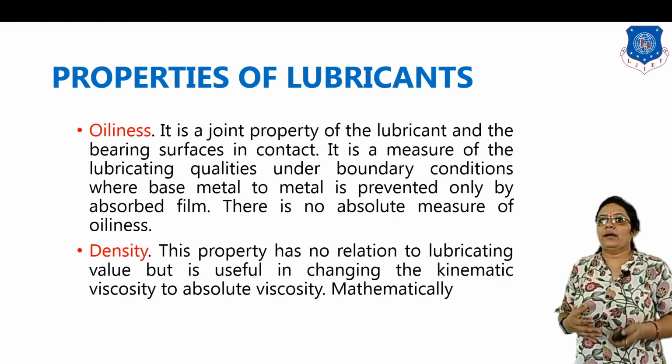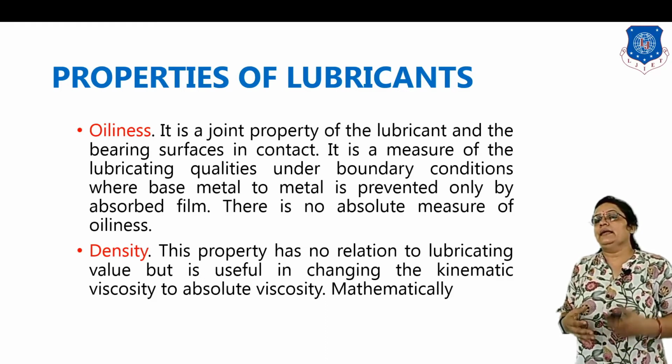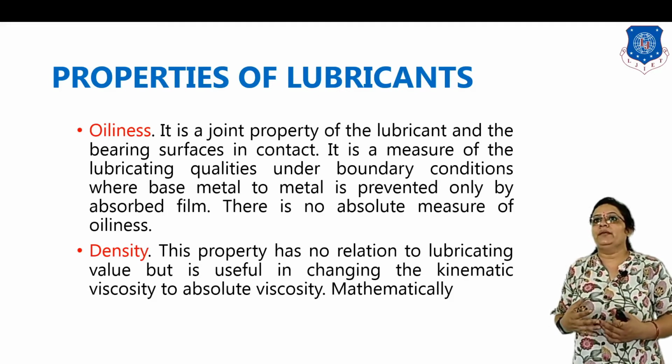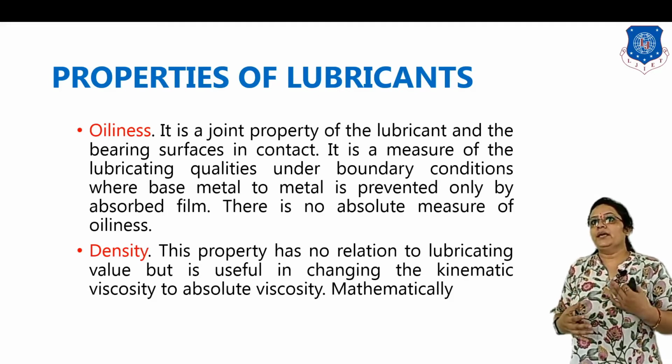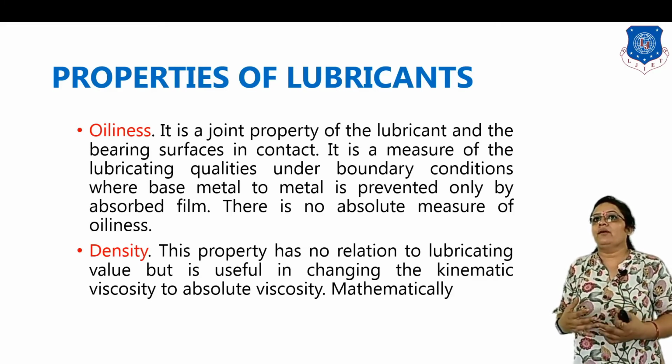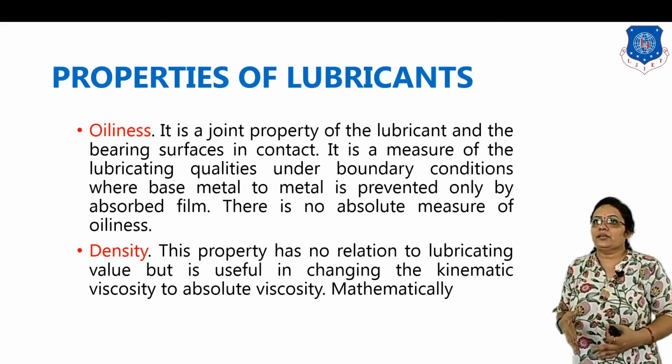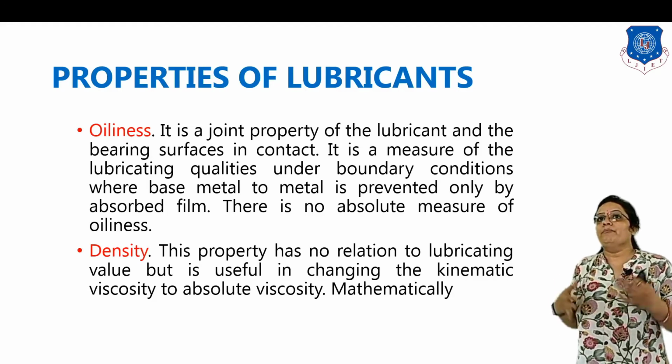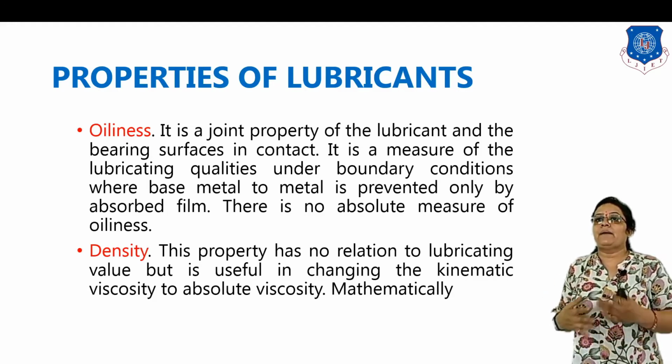So what is oiliness? Oiliness is a joint property of the lubricant and the bearing surface in contact. It measures the lubricant qualities under boundary conditions, where metal-to-metal contact is prevented only by an adsorbed film.